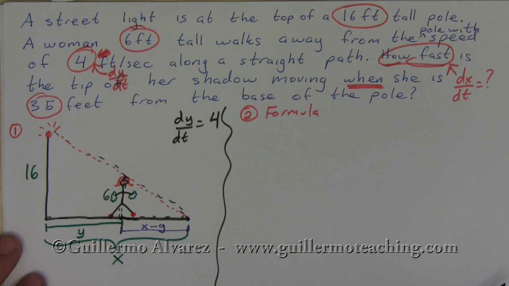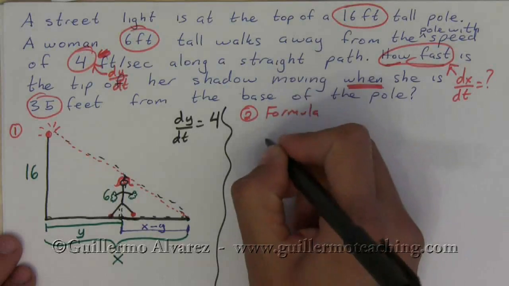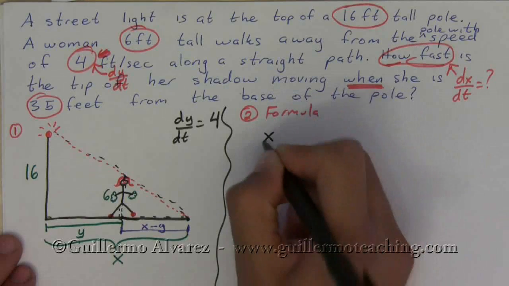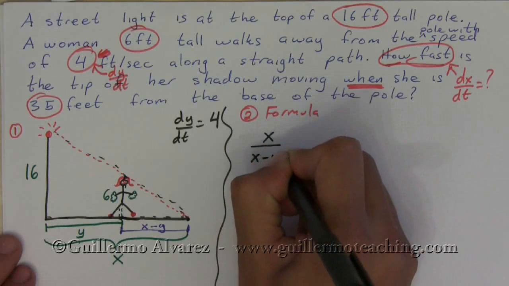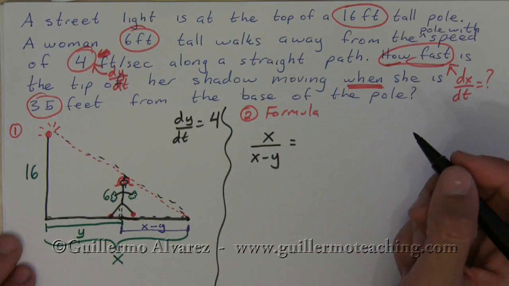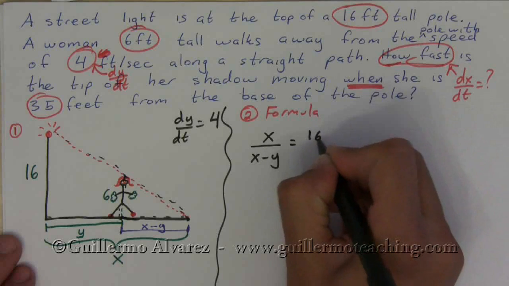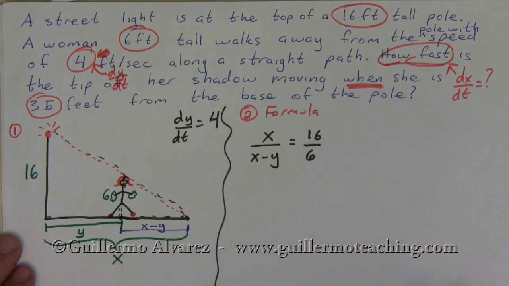So if you look at these as similar triangles, well, then you can write a proportion. You can say that, for example, x over x minus y is equal to 16 over 6.